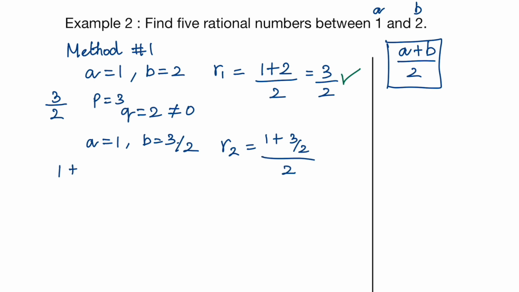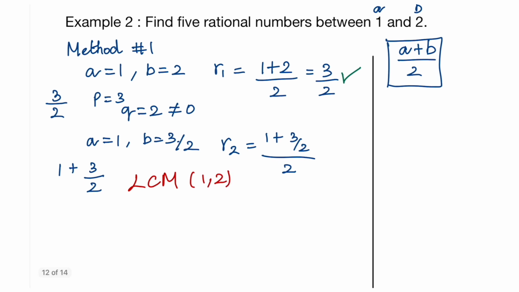Now first let us add 1 and 3 by 2. 3 by 2 is a fractional number, 1 is not, so we are going to take the LCM. Why 1 and 2? Because 1 is actually 1 divided by 1, and the other is 3 divided by 2, so the denominators are 1 and 2, and the LCM of 1 and 2 is obviously 2.